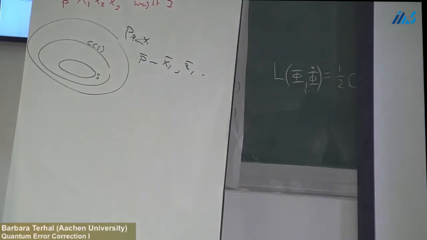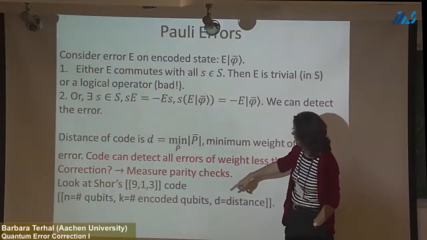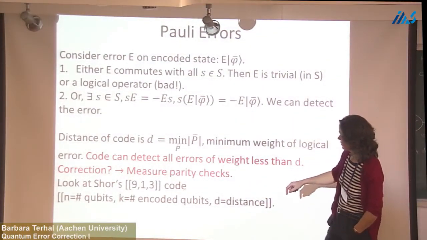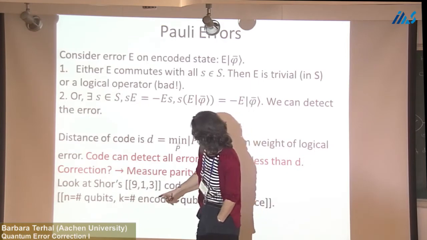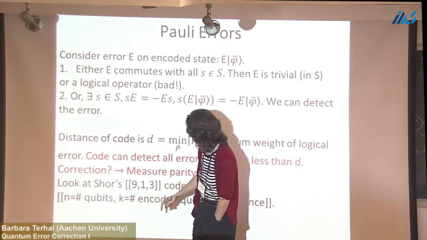Okay, so now I want to look at the more interesting code, so the smallest code. First some notation. The way we denote the stabilizer codes is as follows. One of the first codes was Shor's 9-1-3 code.